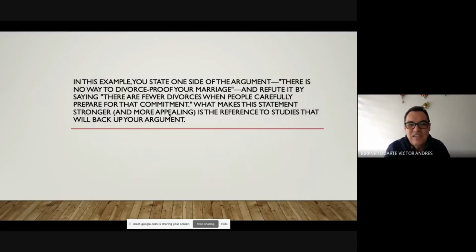What makes this statement stronger or more appealing is the reference to studies that back up your argument. The more evidence you present for your argumentative essay, the stronger the essay will be. So it means that your argument will be stronger and probably you will attract more points, and your mark will increase.